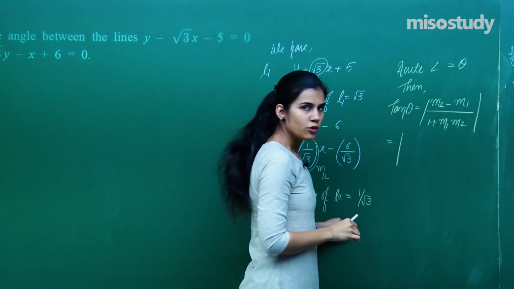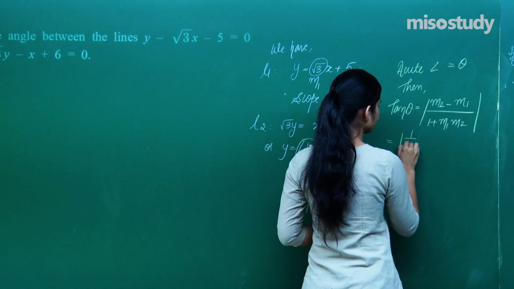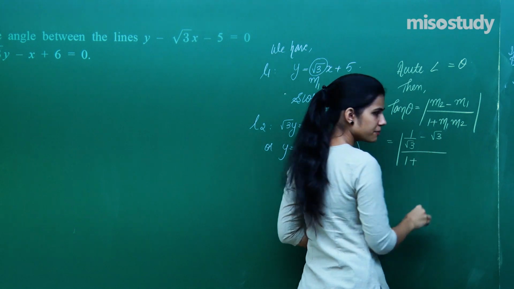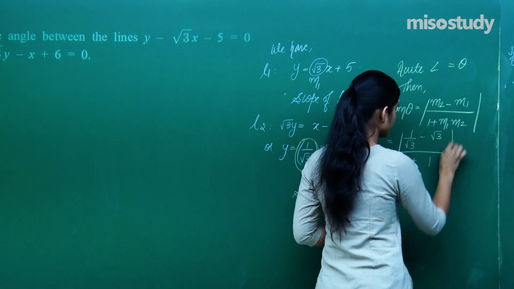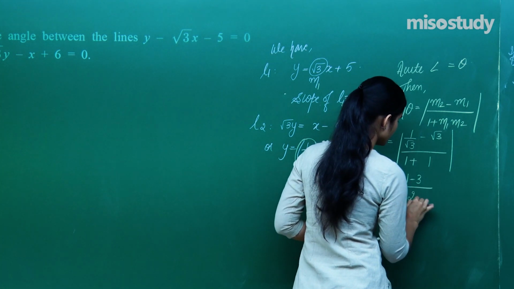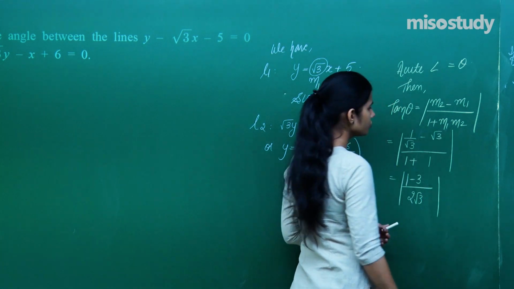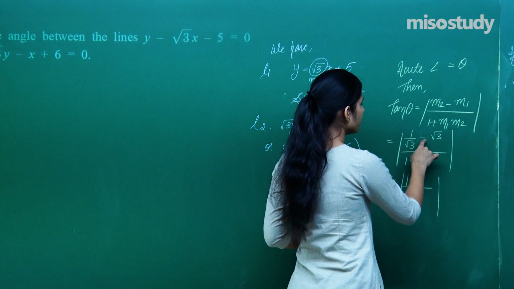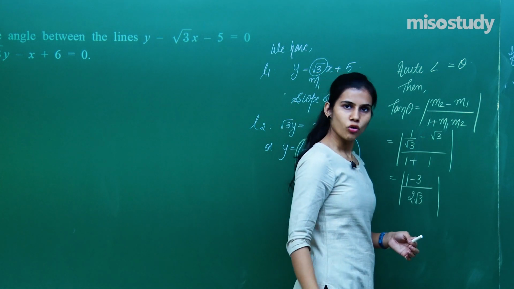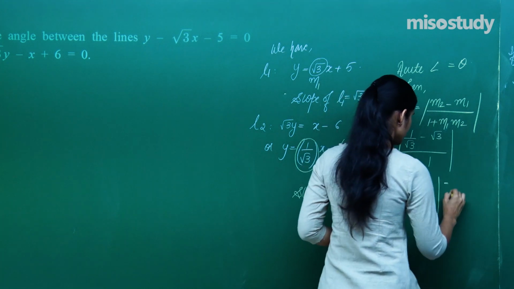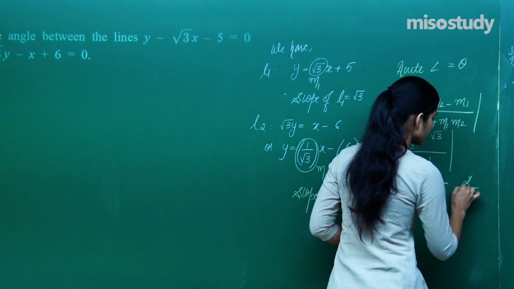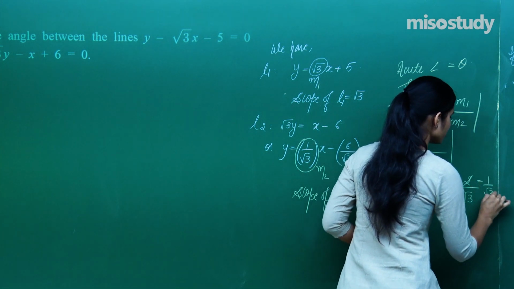That's mod of 1 by root 3 minus root 3 upon 1 plus 1 by root 3 into root 3, which is 1. So this is 1 minus 3 upon root 3, whole upon 2, so 2 root 3. This gives you mod of minus 2, which is 2 upon 2 root 3. This is 1 by root 3.